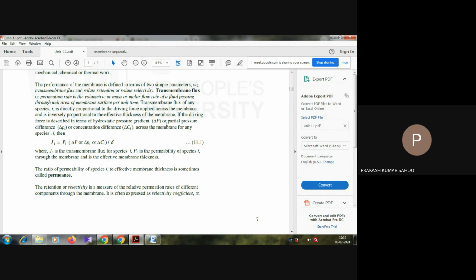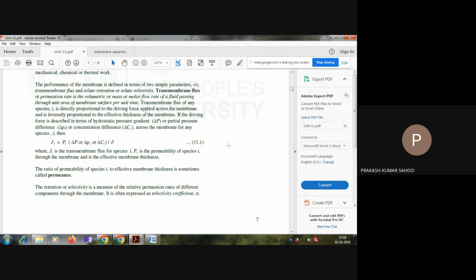For effective separation through a membrane, the thickness should be less. If it is less thick, then the permeation will be more or fast. If it is more thick, the permeation will be less.